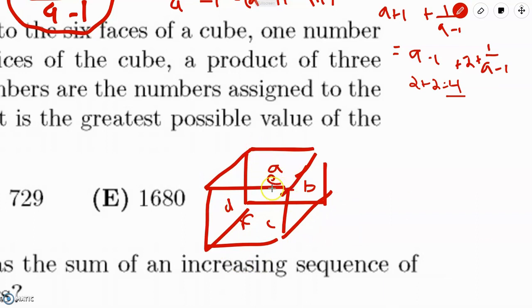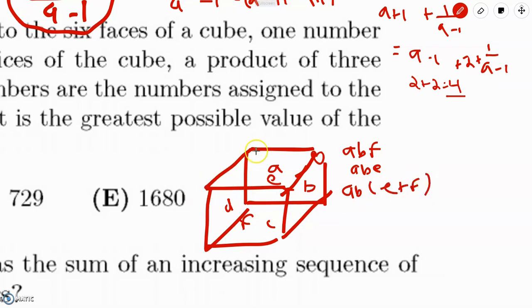Then basically the product at the top right vertex that I'm hovering over is equal to ABF, and the product at the top left vertex, the one that I'm hovering over right now, is equal to ABE. And so the sum of these two is equal to AB times E plus F.